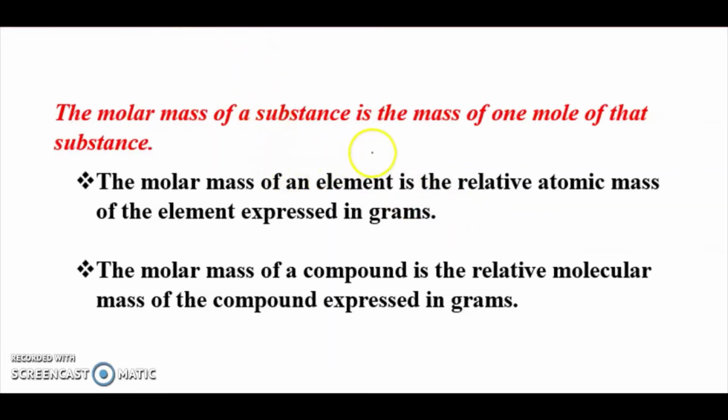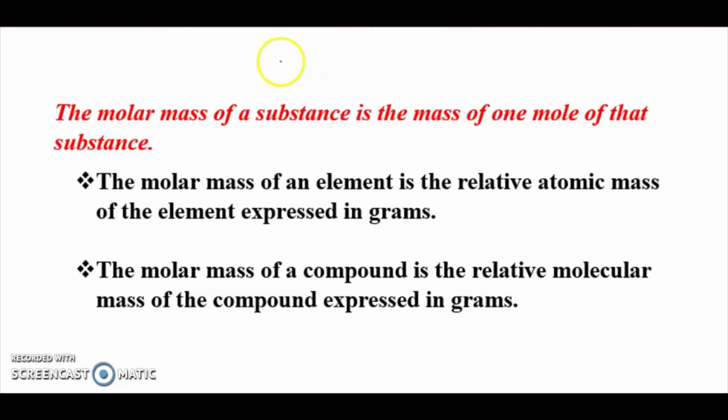So the molar mass of an element, you should note that, is the relative atomic mass of the element expressed in grams. For example, sodium. The element sodium, if you look it up on the periodic table, the relative atomic mass for sodium is 23.